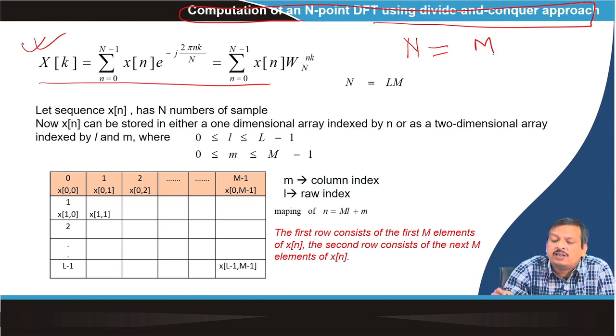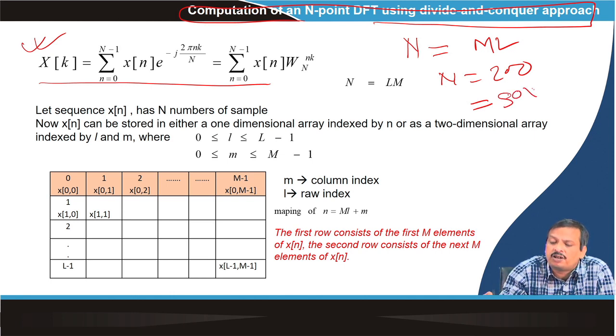That means, suppose I have n equal to, let us say, 200. I can say that 200 is nothing but 50 into 4, so L is equal to 50 and m is equal to 4.